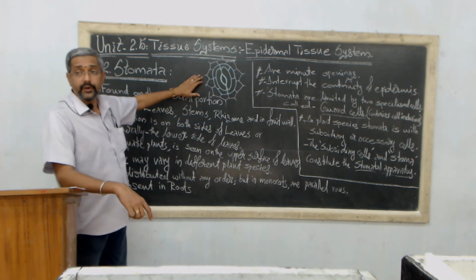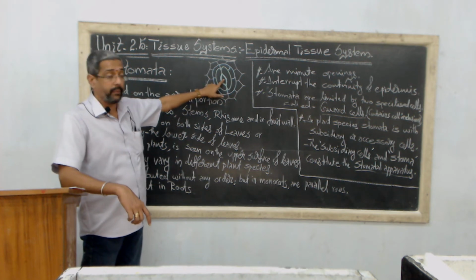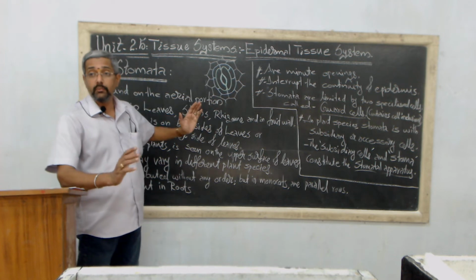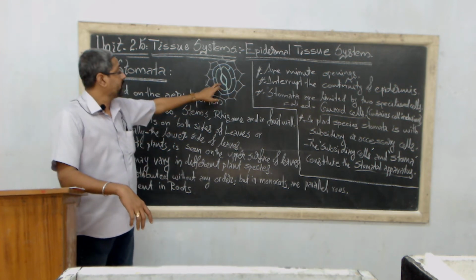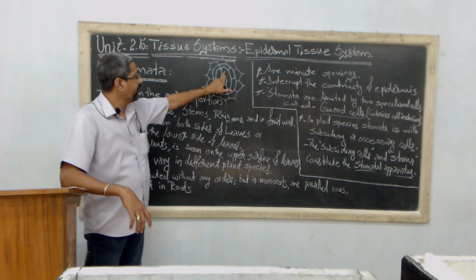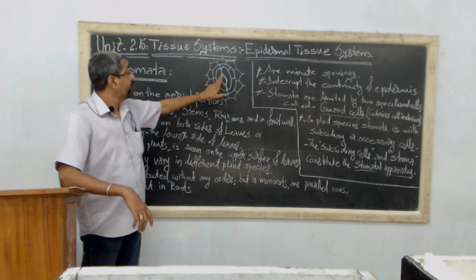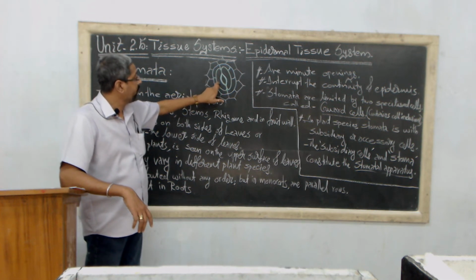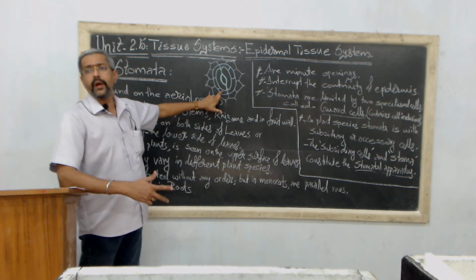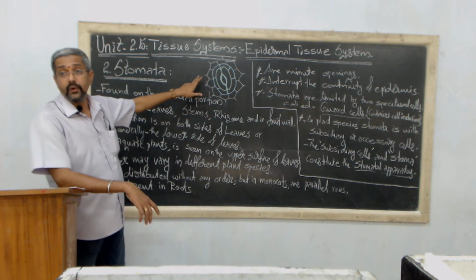Here in this diagram, you can see there is a minute opening, the central part, and it is guarded on both sides. As a security level, there are two kidney-shaped or bean-like cells which are differentiated, and outer to such bean-shaped cells there may or may not be some surrounding protective layer of cells.